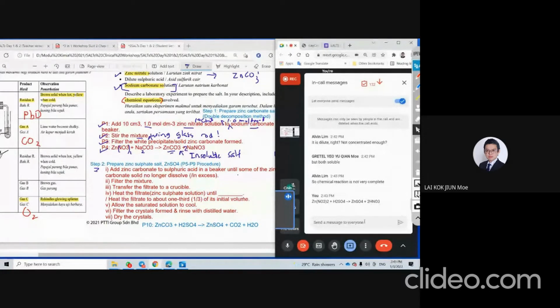So this way, we cannot get the pure zinc sulfate salt we need, as they are mixed up together. You can't separate it already.